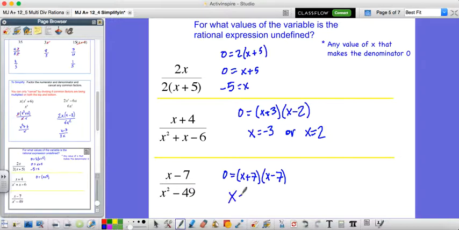So the values of x that make the denominator 0 would be where x is equal to negative 7 or x is equal to 7. So you're just looking at the denominator when you're looking for excluded values.